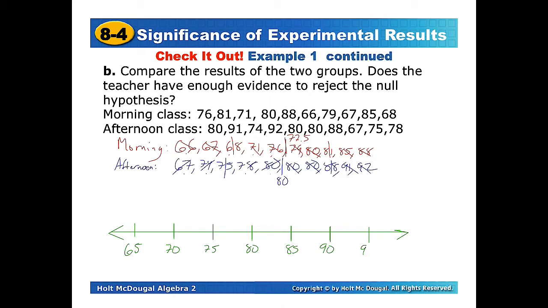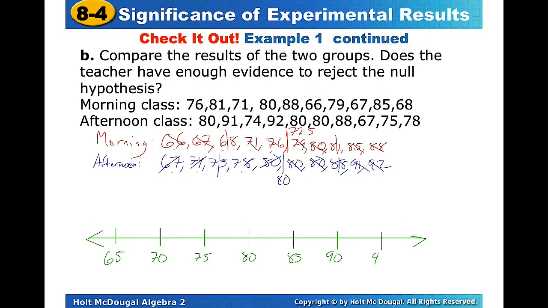So let's graph the morning group first. So we said the median is right on 77.5. Now 77.5, that's exactly halfway between 75 and 80. So we'll put our line there. We have a quartile 1 at 68. So we're going to approximate it right over here. It's not going to be dead on, but that's close enough.